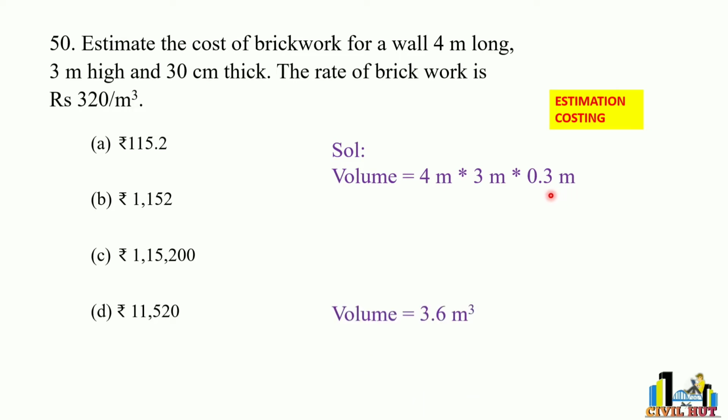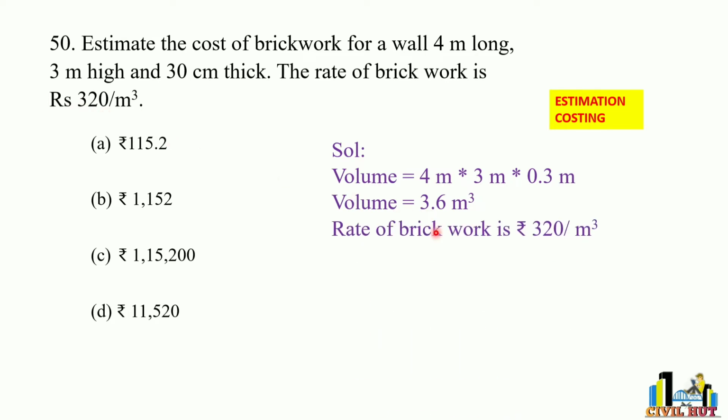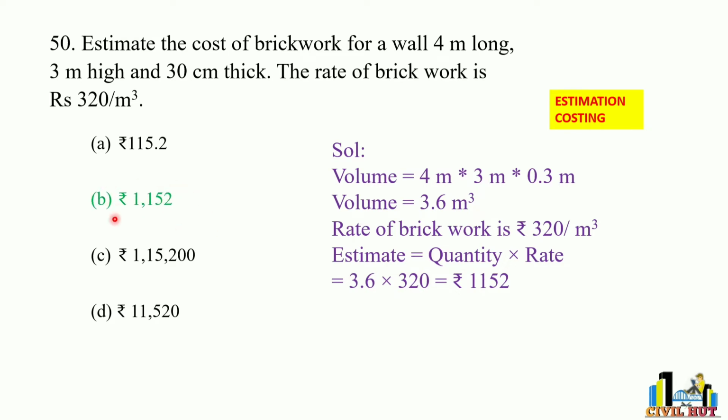Volume is 3.6 meter cube. For 1 meter cube, 320 rupees will be charged. For 3.6 meter cube, estimate quantity into rate: 3.6 meter cube times 320 per meter cube is nothing but 1152 rupees. Option B is the correct answer. This is from estimation costing.